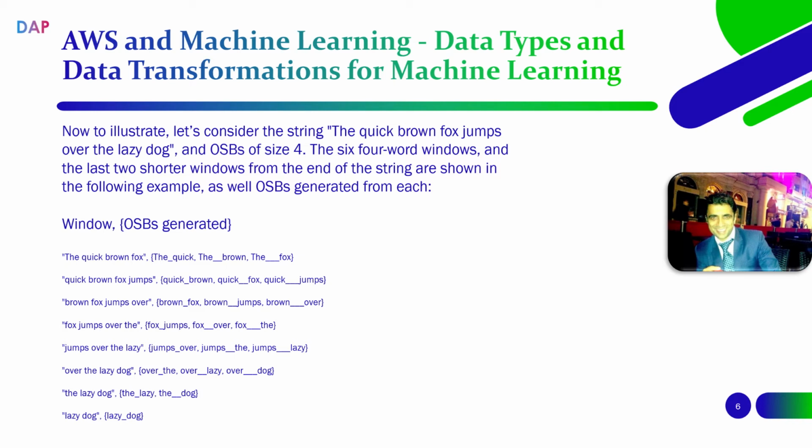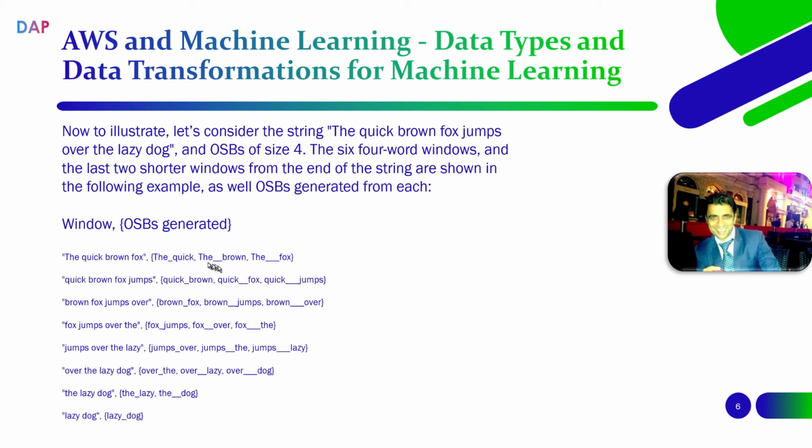So, the quick brown fox, this is your text. If you see "the" and then there is an underscore, because "quick" is the first word after "the", so one space is converted into one underscore.